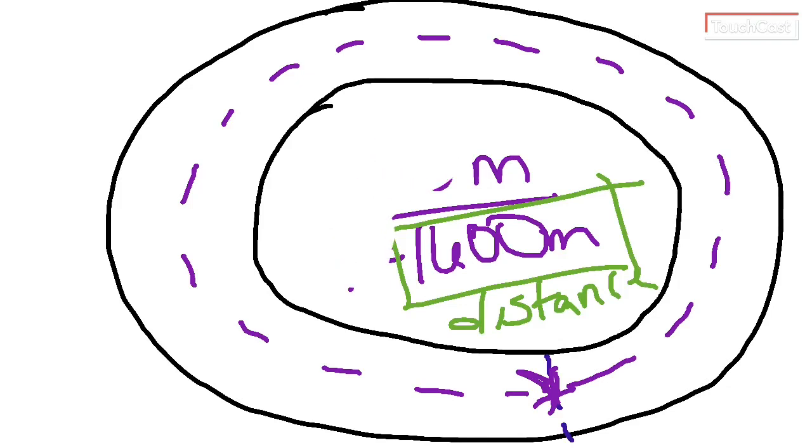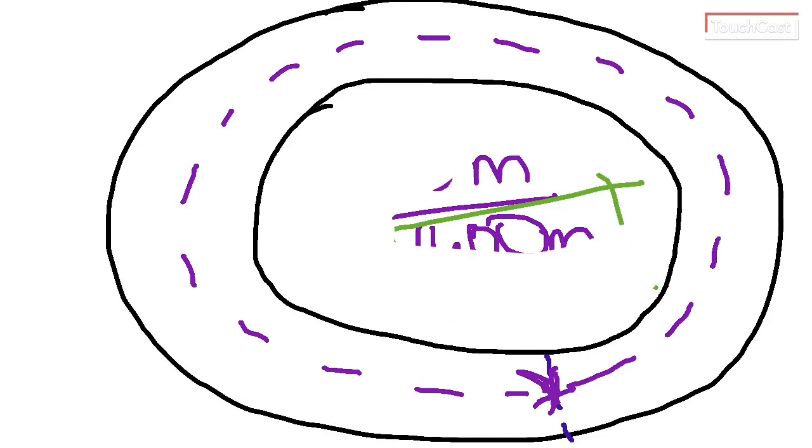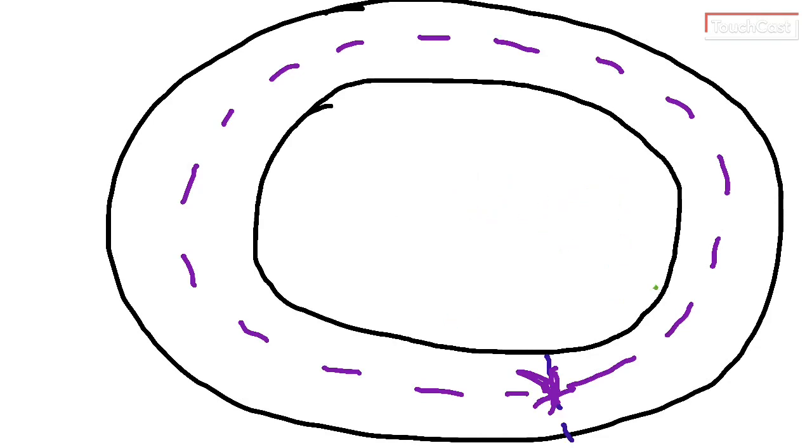Now the issue is, well, that's great. What is my displacement? And if you remember, displacement is where you started and where you finished. So in this case, I started here, ran 4 laps around the track, and finished right here in the same spot.